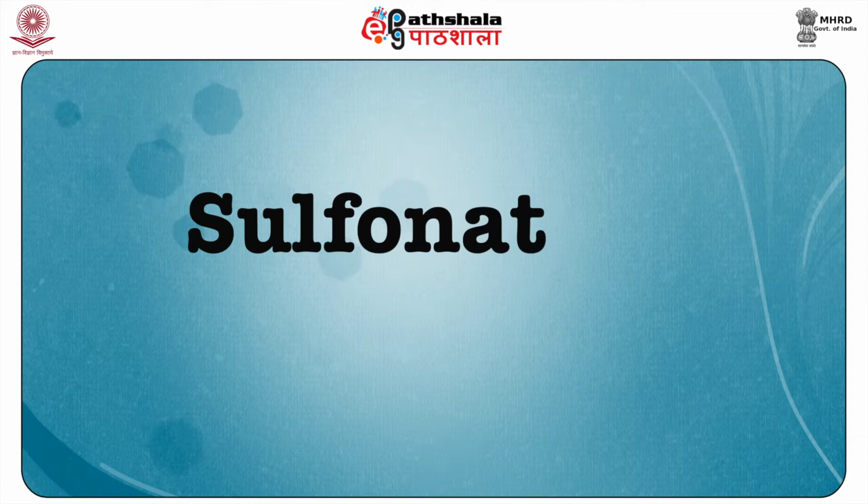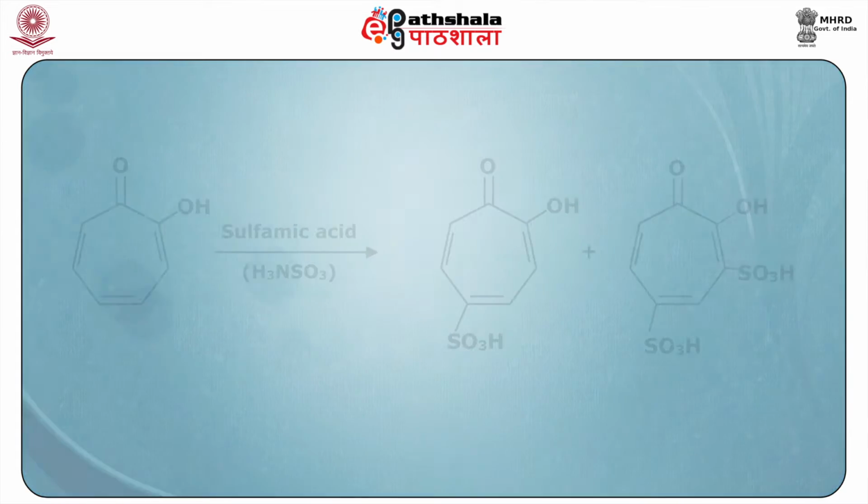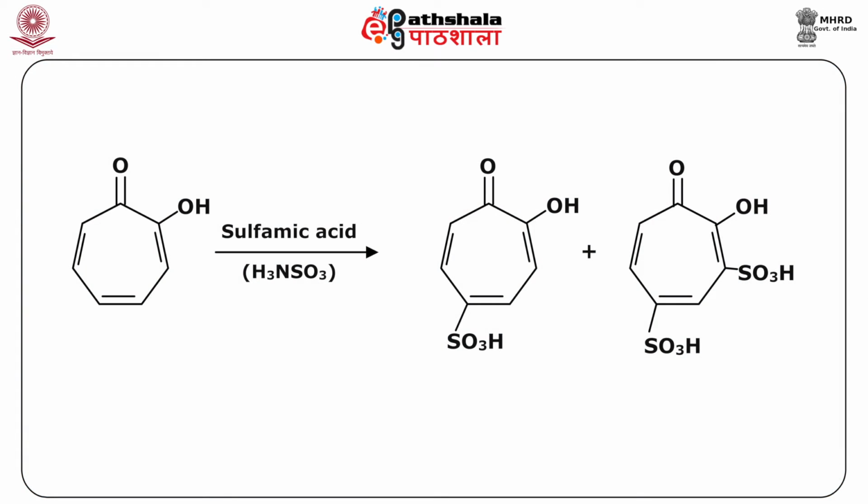Similarly, we can carry out sulfonation. The sulfonation of tropolone with sulfamic acid leads to 5-sulfonic acid, which is possibly accompanied by 3,5-disulfonic acid.